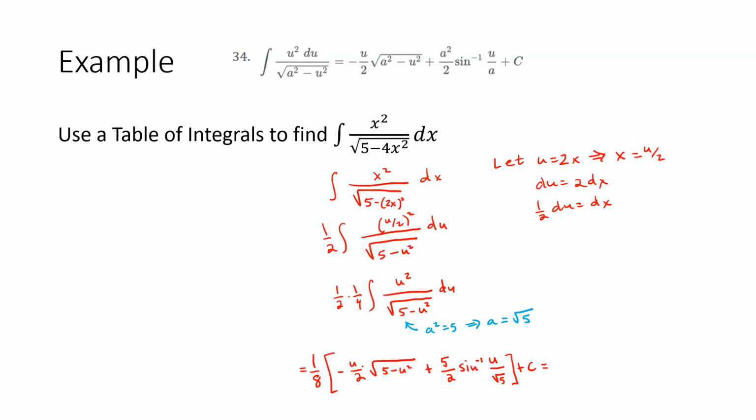So let's see, and at the same time here I'll distribute the 1 over 8. So we get negative u, which was 2x, over 2 times 8, which is 16, times the square root of 5 minus 2x squared, which would be 4x squared, plus 5 over 2 times 1 over 8 will be 5 over 16, and then sine inverse of 2x over the square root of 5.